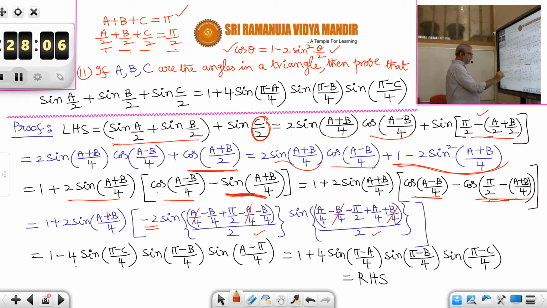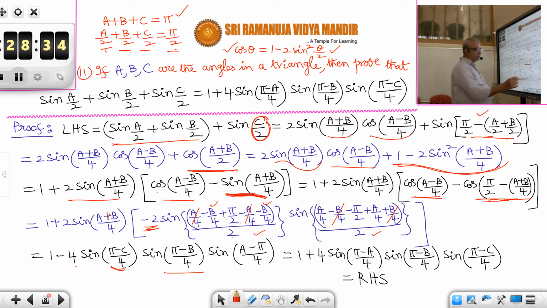A plus b plus c is pi, therefore a plus b I can write as pi minus c. So pi minus c by 4. Next, what here? Minus 4 sin, pi by 2 minus b by 4 minus b by 4, so pi by 2 minus b by 2, that is pi minus b by 2, by 2 is there, so pi minus b by 4.